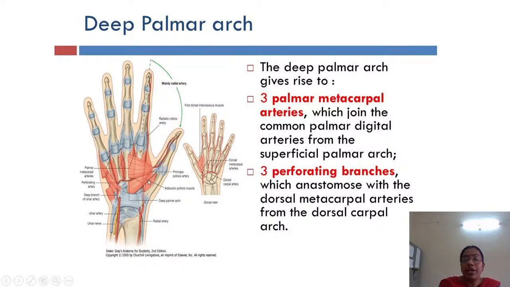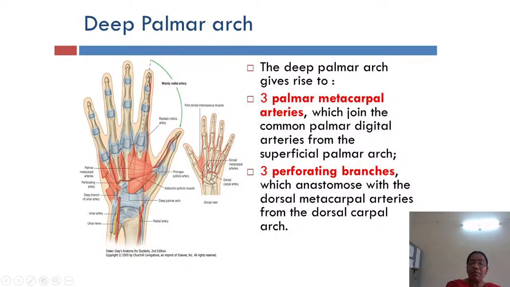The terminal branch of the radial artery gives these branches, supplying either side of the thumb and the radial side of the index finger, and completes the arch. From the convexity of the arch, the branches you come to see are the 3 palmar metacarpal arteries.